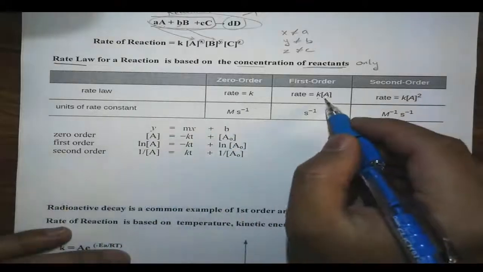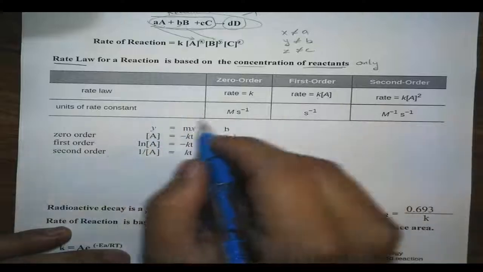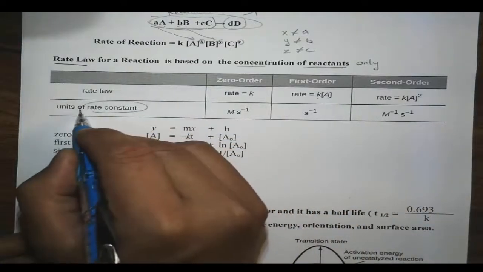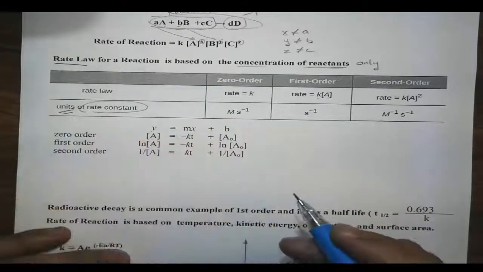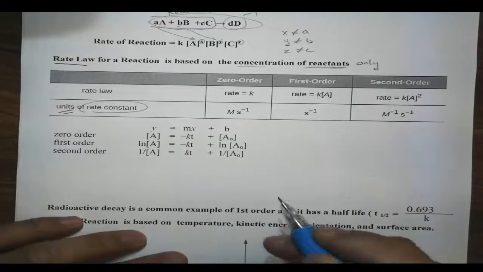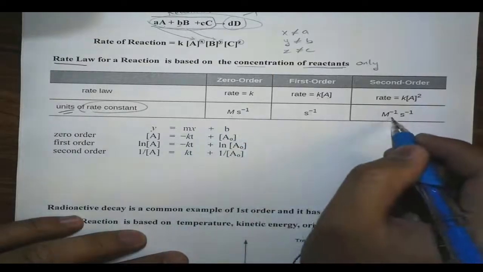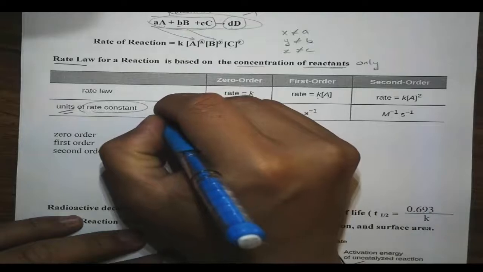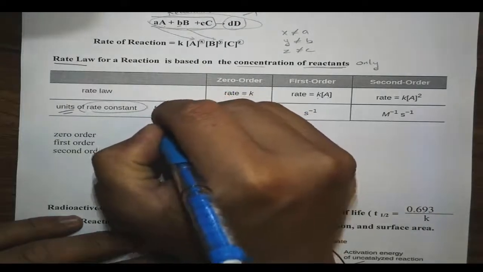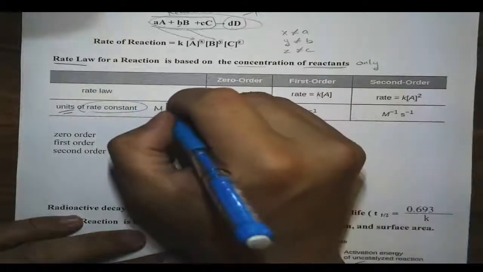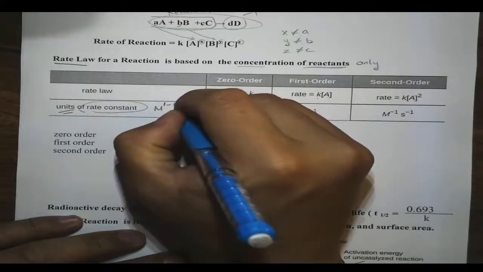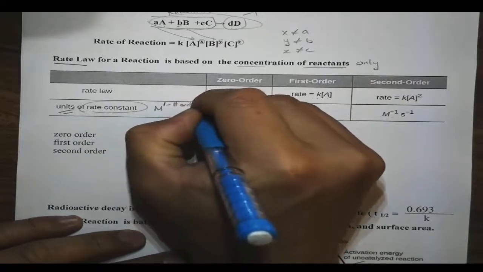Now, because of the differences in the rate law, the unit of K is also different. But we have this equation that allows us to solve for these. Basically, you take your M, and M, of course, is the unit of molarity for concentration. You take 1 minus the number of the order.